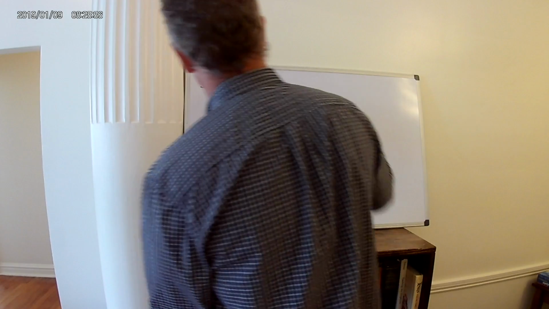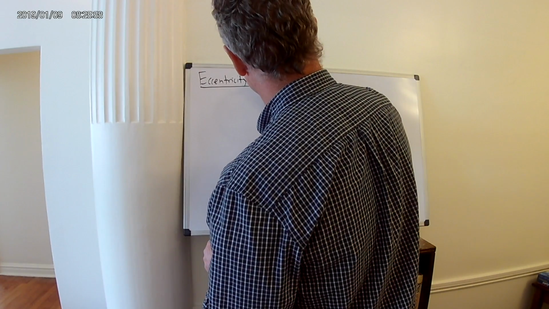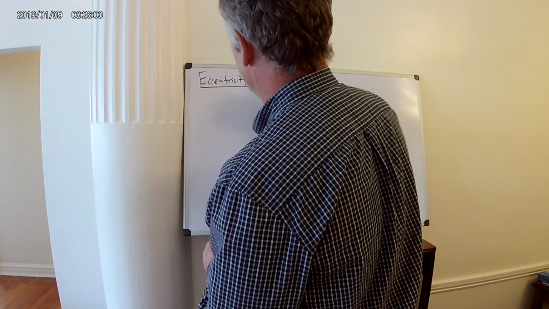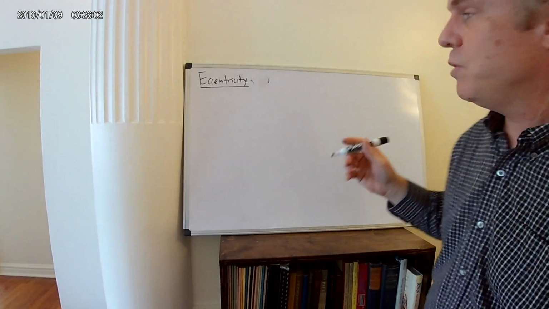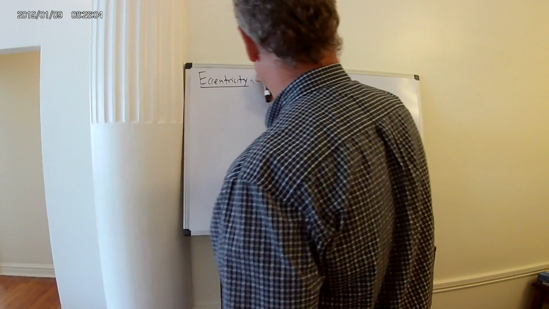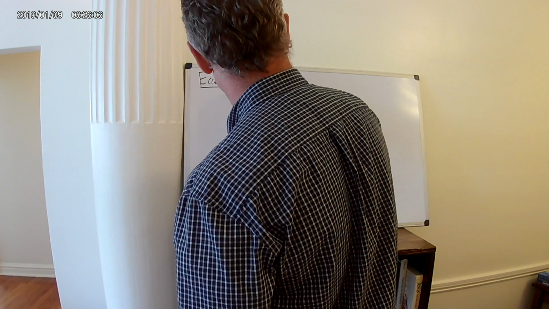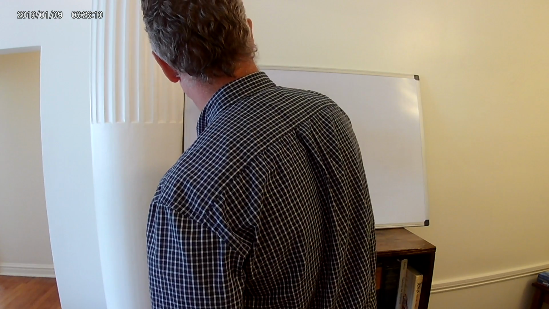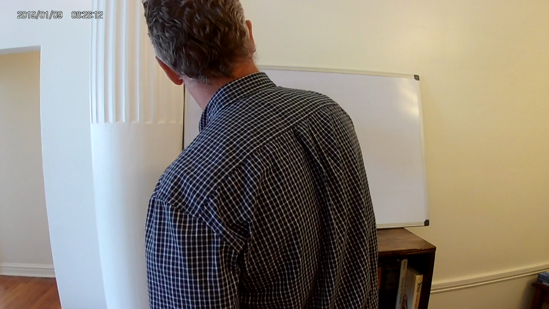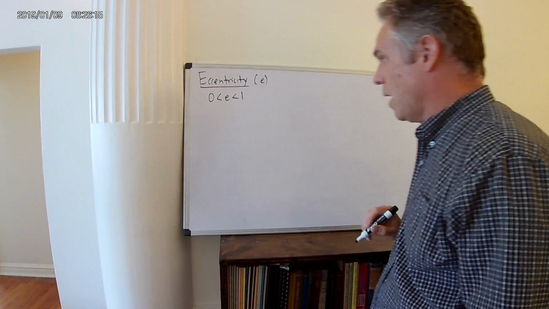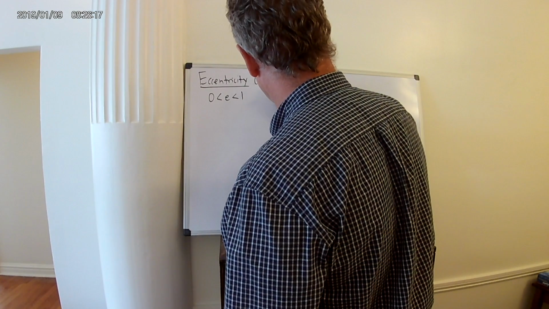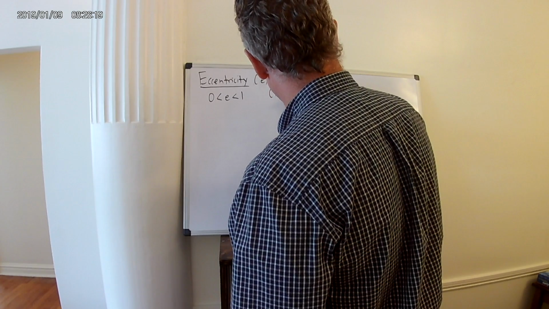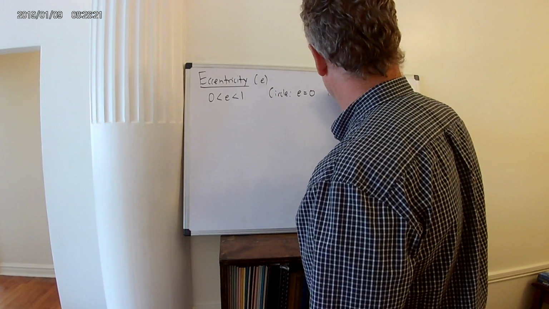Eccentricity is basically how stretched out an ellipse is. Eccentricity is represented with the symbol E. For ellipses, eccentricities range from 0 up to 1.